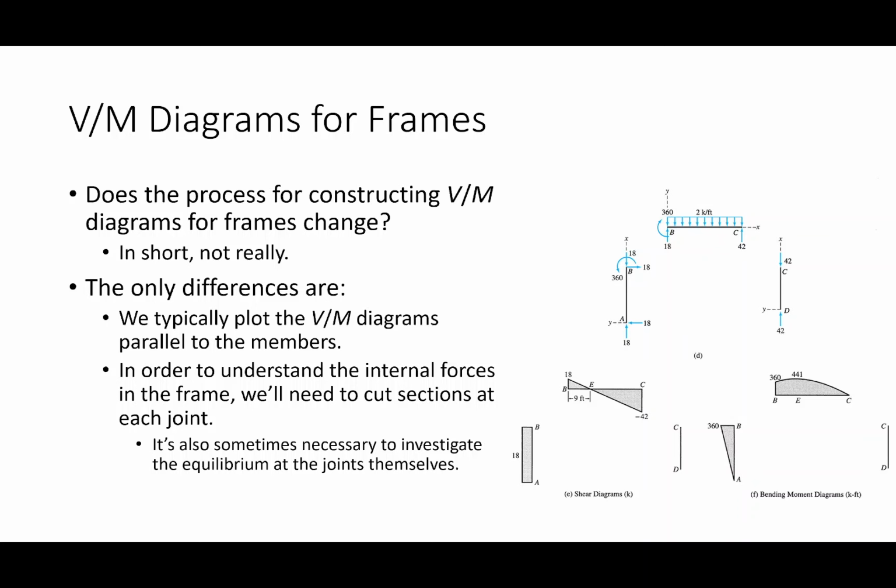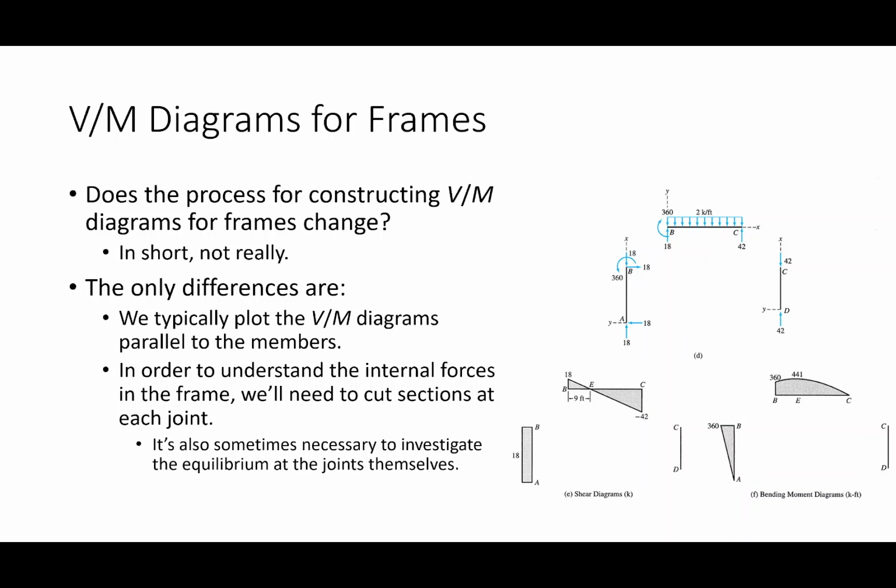One thing I think is noteworthy here is how a software program will construct shear and moment diagrams, because if you're modeling a beam or a frame or what have you, technically the software program doesn't really know what you're modeling. The software usually treats it the same way.